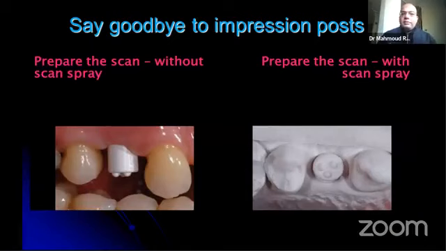Prepare the scan with spray or without spray. You can make a digital impression, as you see here, and this is now a replacement for the old impression techniques we mentioned before.